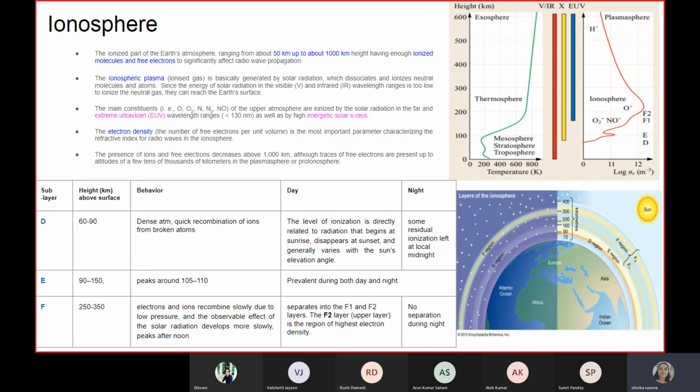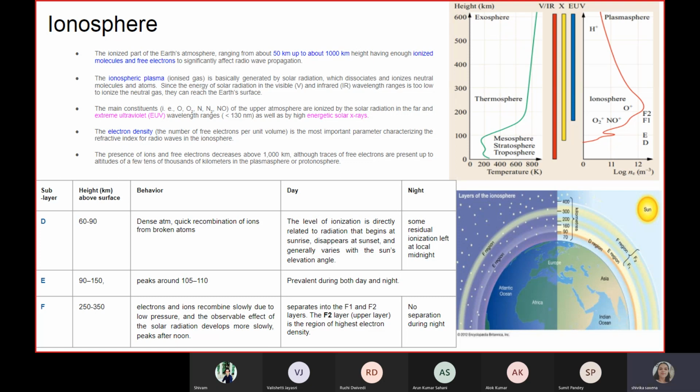The stable atoms and molecules are being broken down into charged particles because of some external phenomena that is influencing this portion of the atmosphere. What is that external phenomena? The ionization of these stable molecules is done by the energy of the solar radiation.